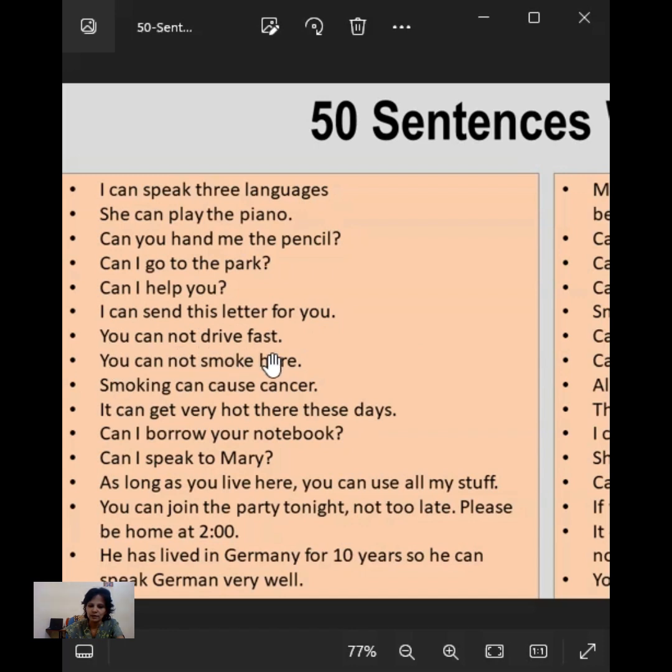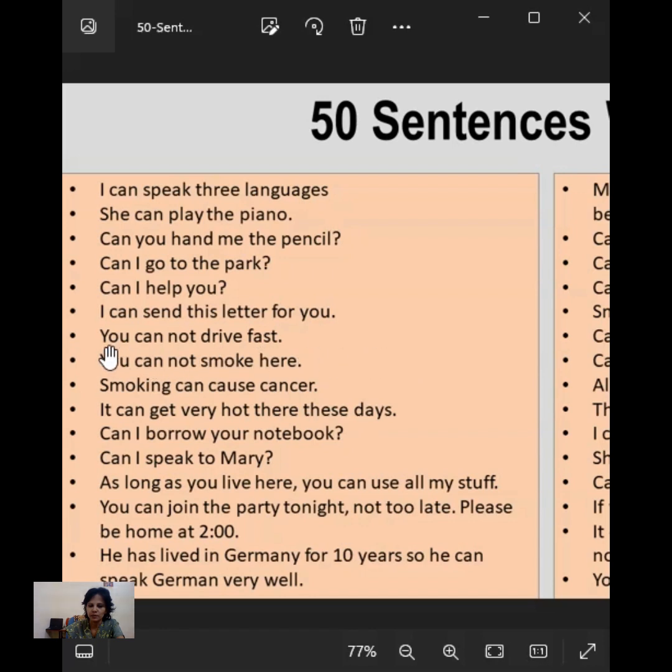And next one, you cannot drive fast. You cannot drive fast due to some road construction or some restricted area next to the road. They usually place boards writing drive slowly, and some symbols also, because some construction is going on, or because of curves.